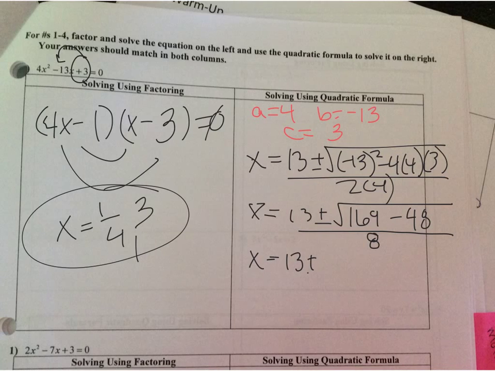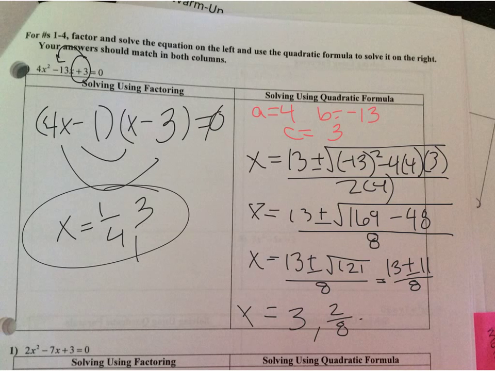X equals 13 plus or minus the square root of 121, over 8, and we've already seen the square root of 121 is 11. And so now I'm down to my answers. 13 plus 11 would give me 24 over 8, and 24 over 8 is 3. 13 minus 11 would give me 2 over 8, which reduces to 1/4.